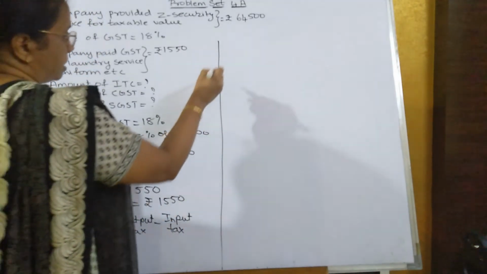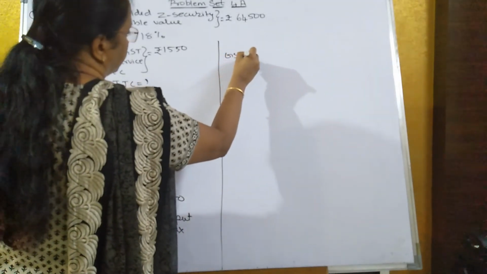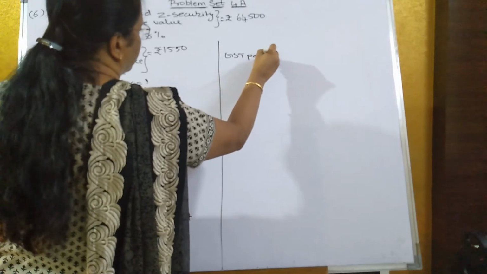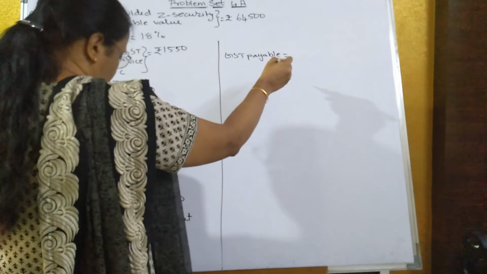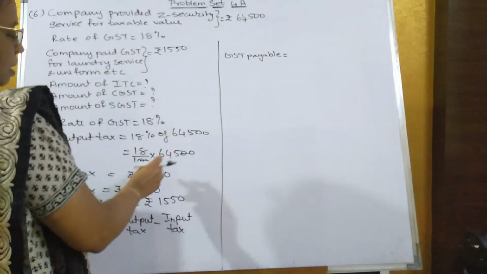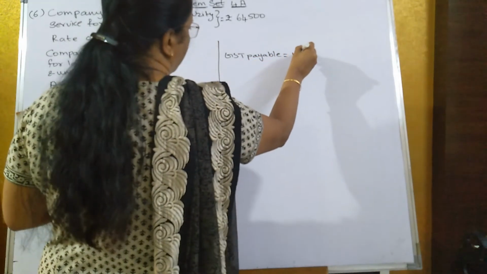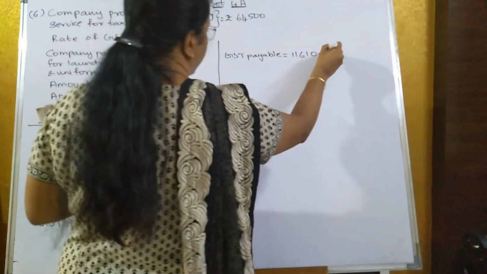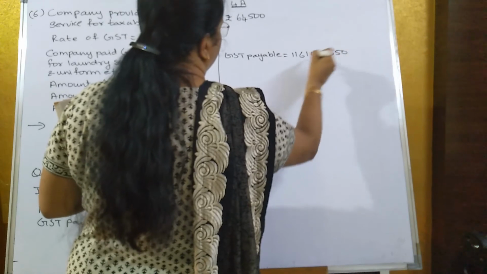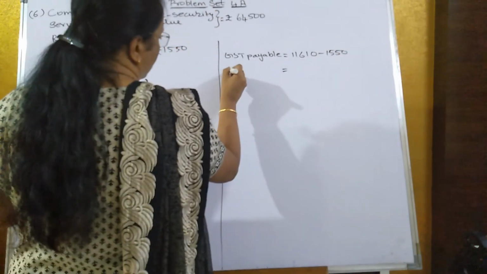So GST payable is equal to output tax, which is 11,610, minus 1,550.